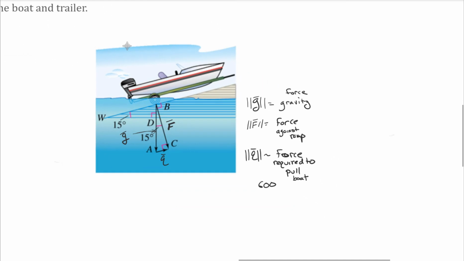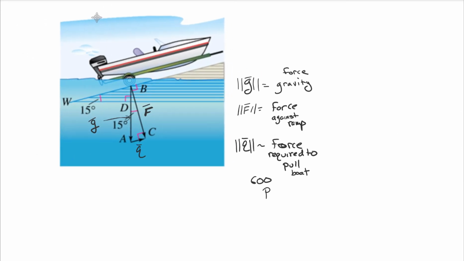By the way, pounds are a force, and they are a vector. So that was given to us, that the magnitude of Q is 600 pounds. Oh, maybe it's not a force. I don't know.